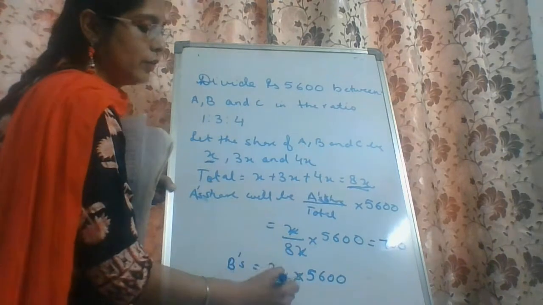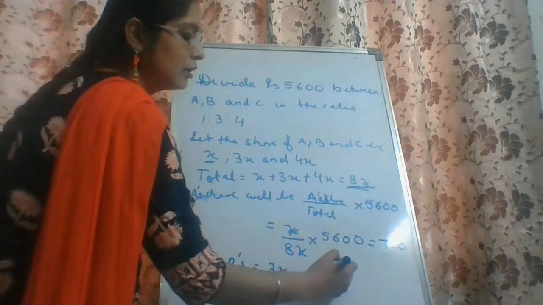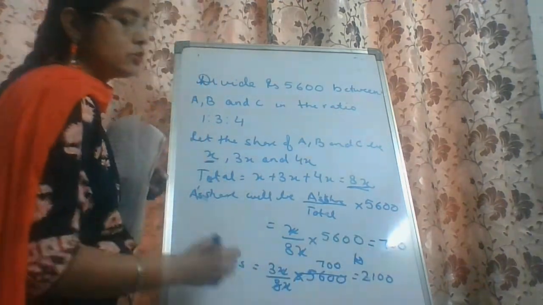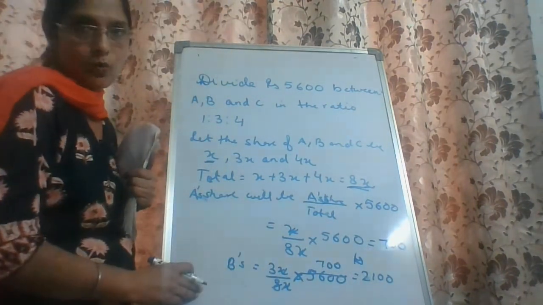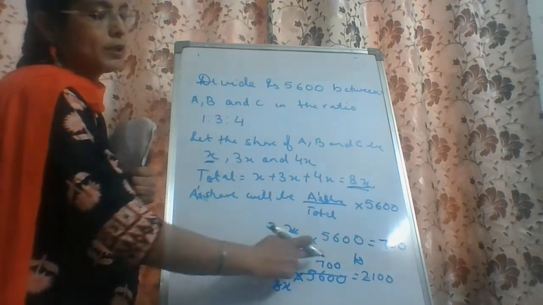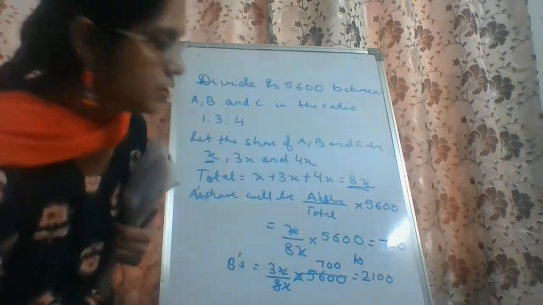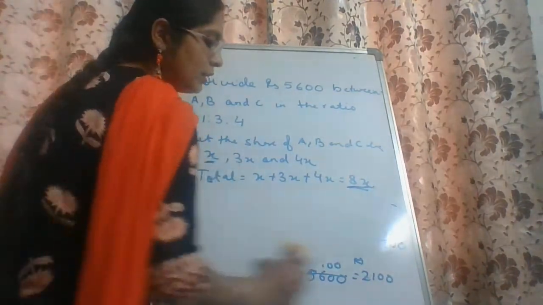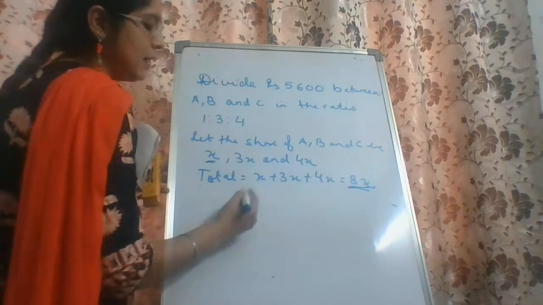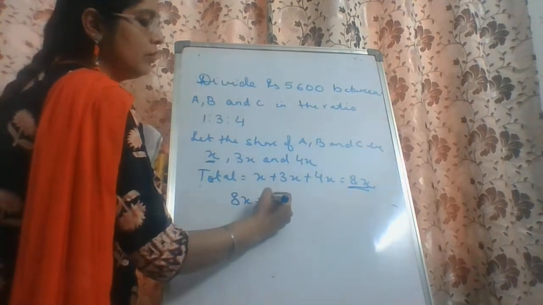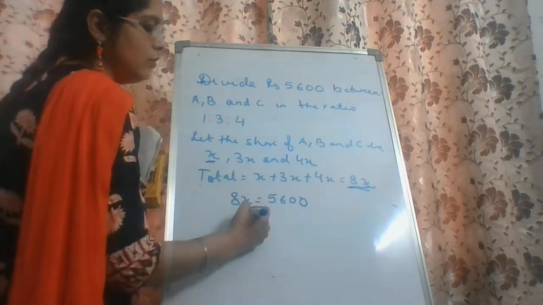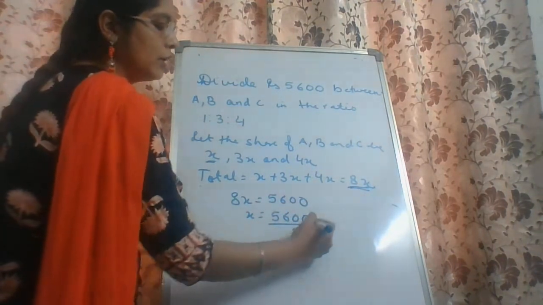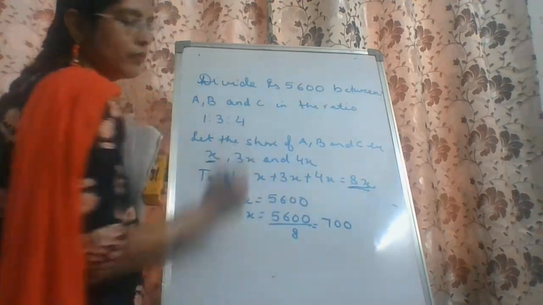Solve it. You will get it as 2100, and C's share you will get as 2800, because it will be 4 multiplied to 700, that is equal to 2800. You can also simplify it by one more method, that is 8x is equal to 5600. x is equal to 5600 upon 8, which is 700.